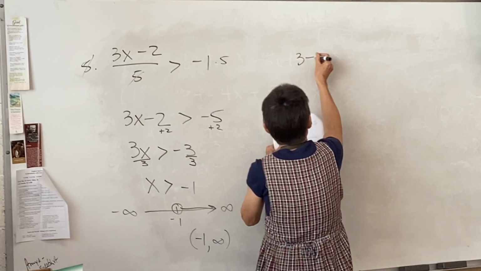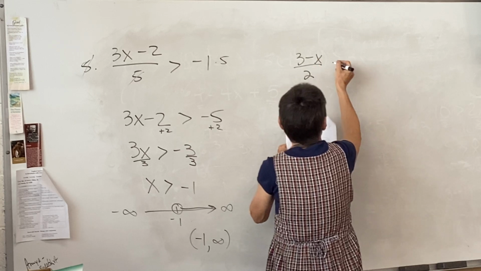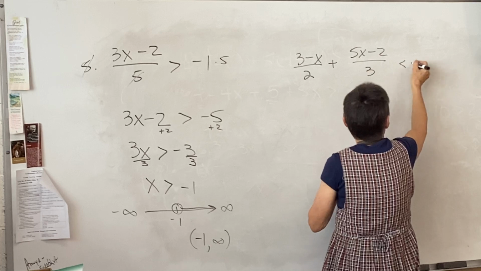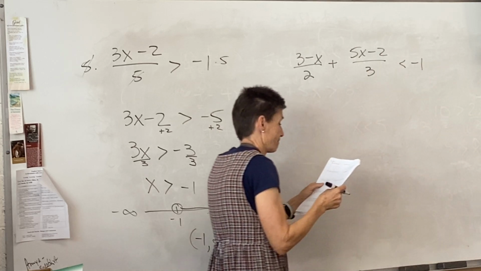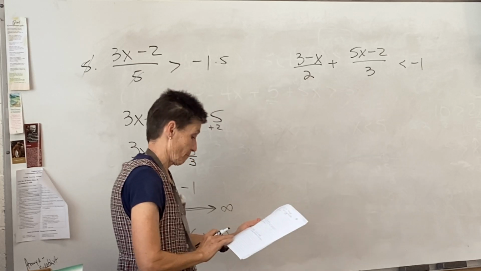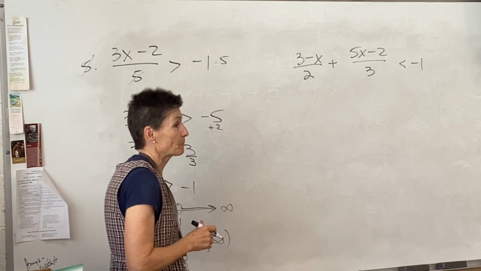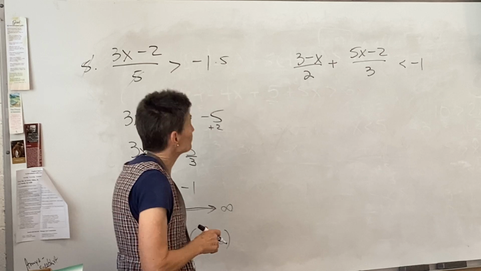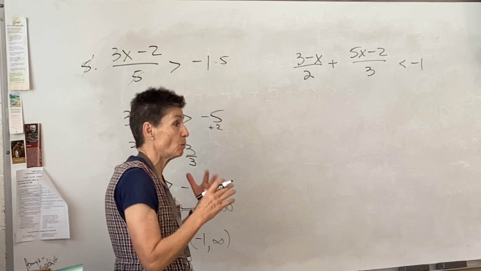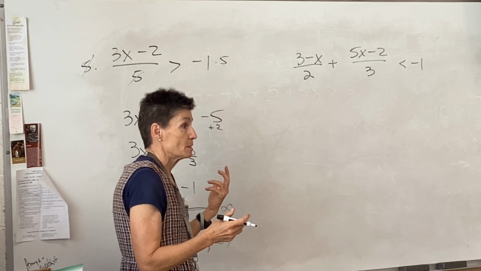All right, this one's a mess. What do you think about that? Don't you find common denominators? You could change the whole shebang into what denominator would I use? 6.